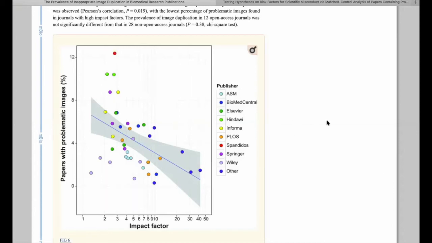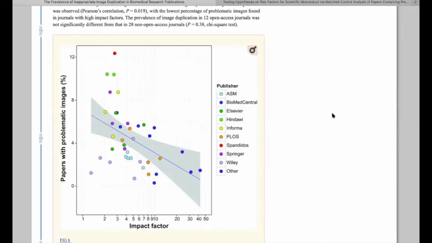The one at the top there in red is a Spandidos journal, and I don't remember which particular one it was, but Spandidos is by some regarded to be a predatory publisher. Hindawi also is in there. I think Hindawi is actually trying to do better. They now have a research ethics team, and so they're definitely trying to improve things.